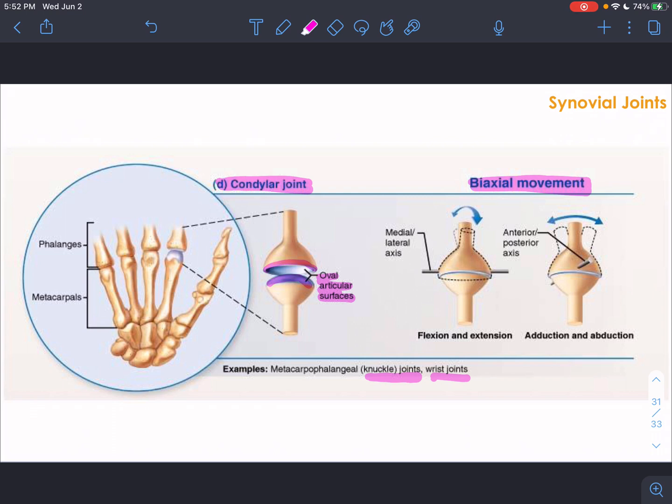Because they allow biaxial movement, you'll have both flexion and extension and adduction and abduction. So all the stuff we talked about earlier in this chapter, we're really applying to these different joint types. So it's important you know the different kinds of movements to understand each of these joints.